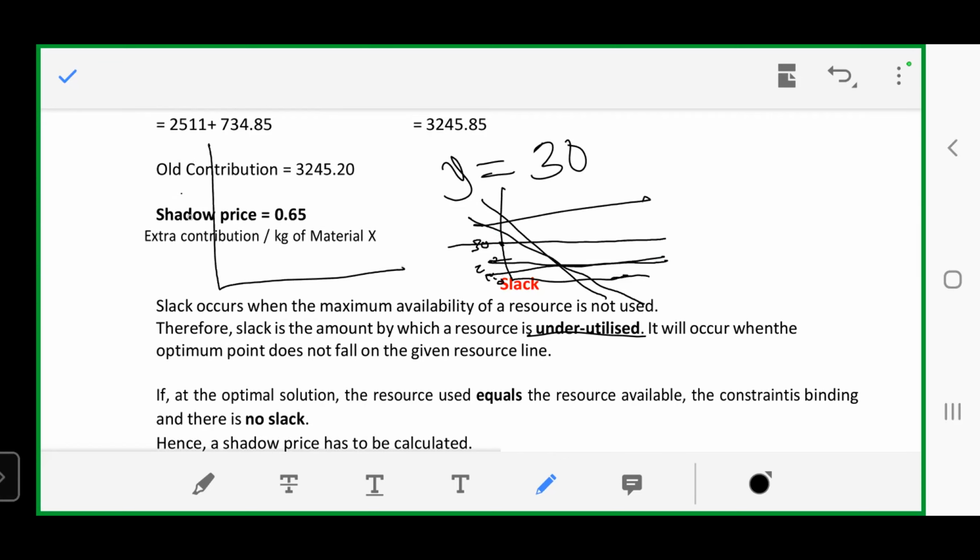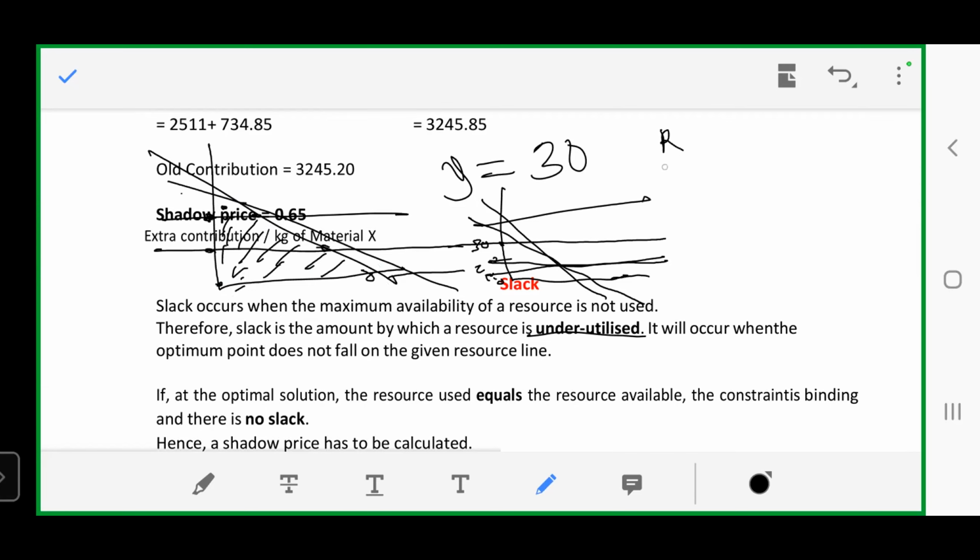Whenever we have an iso-contribution line, our feasible region will not start from here again. It will be under here. So we should take note of that. At times, the iso-contribution line can be like this. If it is like this, when you're calculating, we look for the angles between here and here, here, here, here. Instead of your angles being 4, you'll be having around 6 angles.